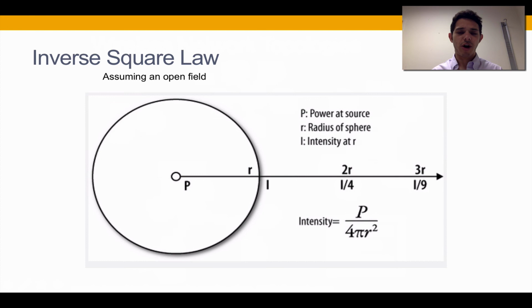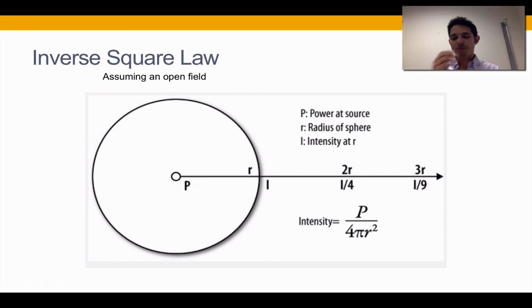Okay, the last thing I'll highlight about wireless sensor networks is this inverse square law property, meaning assume that you're in an open field. The transmission power of a radio goes down proportional to the radius squared. So if you have two nodes and you double the distance between them, then the transmission power goes down by a factor of 4.